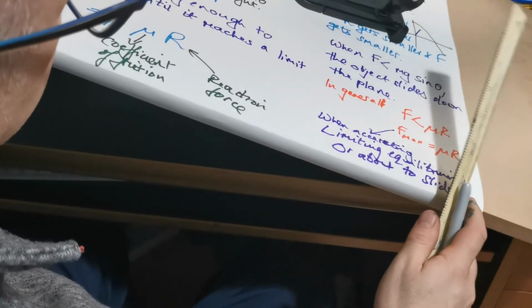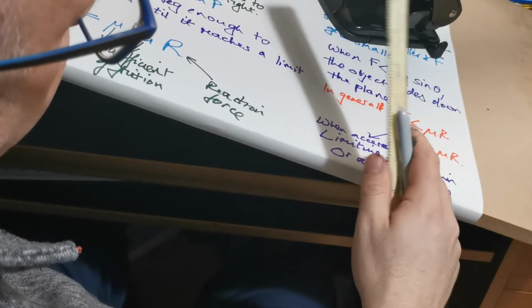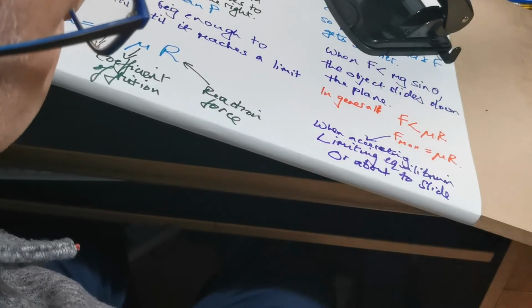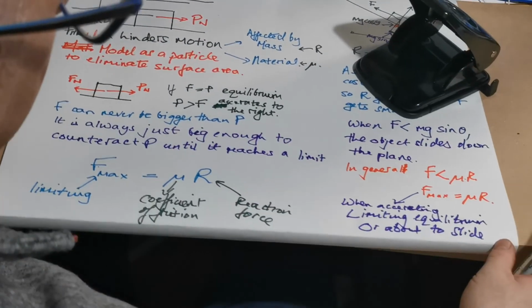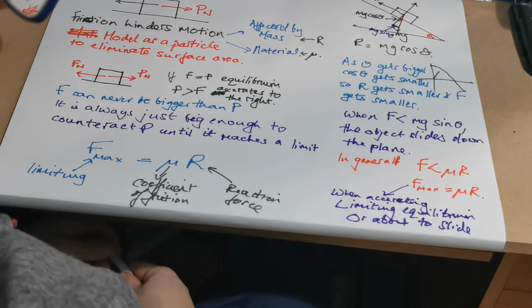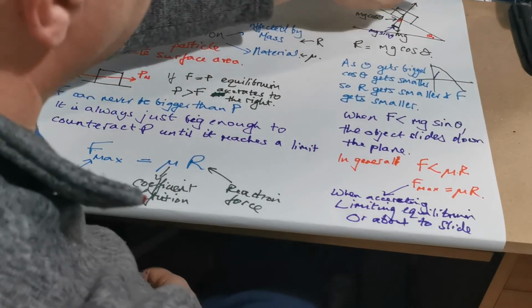And as that goes up, the friction is getting less and less because the reaction's getting smaller, and the component of the weight is wanting to pull it further down. So the higher up that goes, the friction gets less and the force pulling it down gets bigger at the same time.